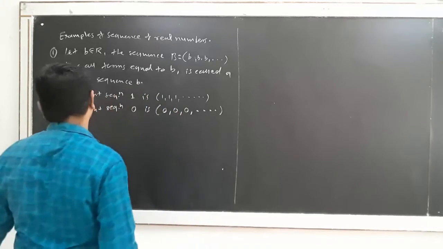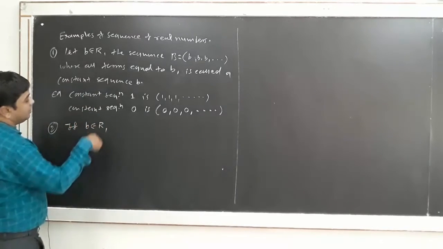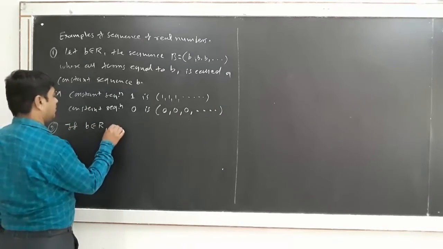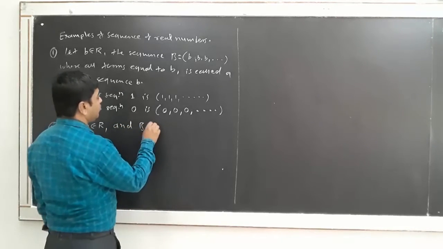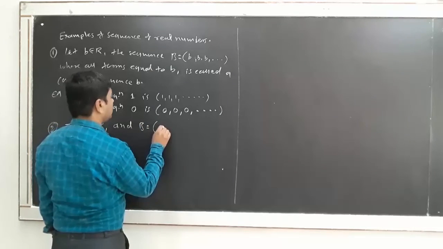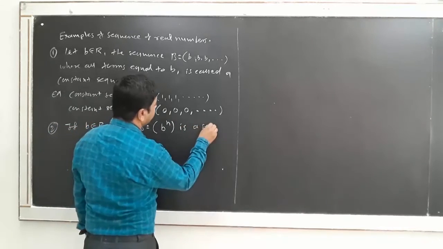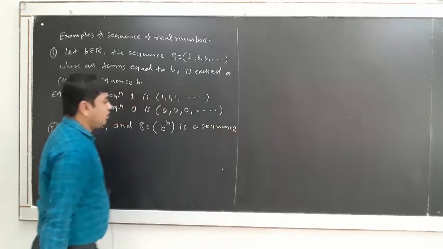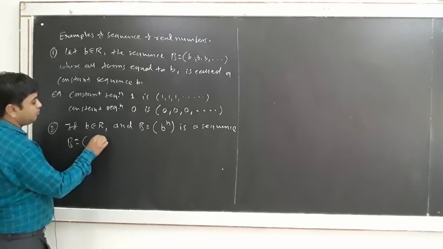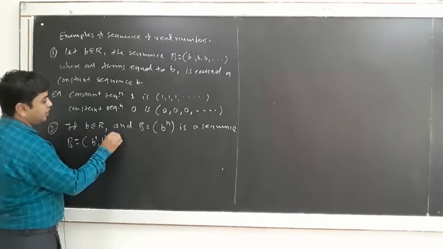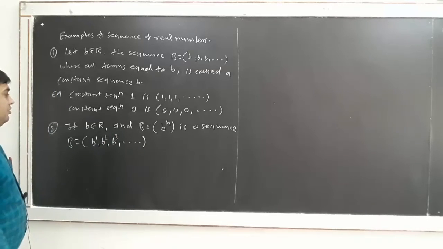Next example we have to take. Second example: if b belongs to R, suppose we have the sequence b raised to n, which is a sequence of real numbers. That is b raised to 1, b raised to 2, b raised to 3, putting the values n equal to 1, 2, 3, 4, 5 and so on.